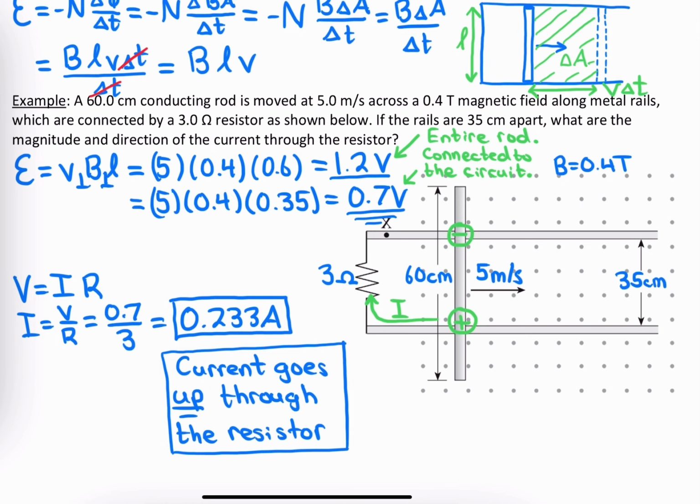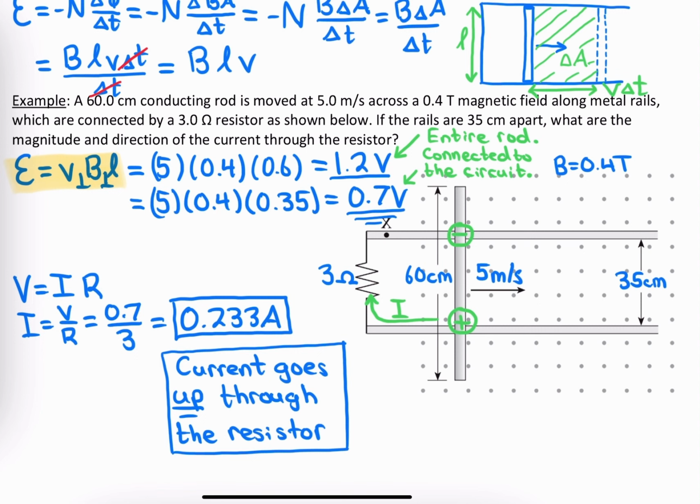So the key takeaway from today's lesson is that when you have a conductor moving in a magnetic field, it acts as a power supply. It develops a positive and a negative end. And between those two ends, it will have a voltage, which we can find using this formula here.